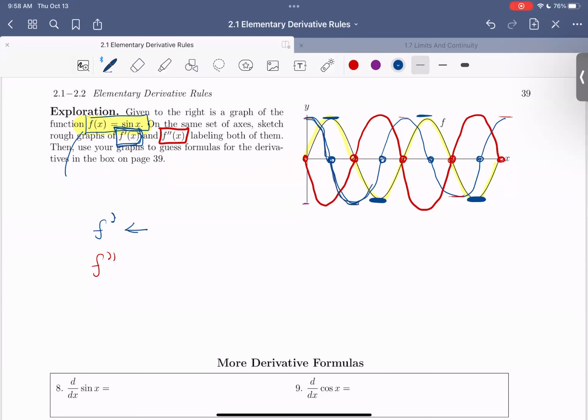So the cosine function is just the sine function, but it's shifted over to start at 1. So this derivative looks like cosine of x. The red function looks almost like a mirror image of our yellow function. So it looks like the reflection of the sine, which is how we write that mathematically, is negative sine of x.